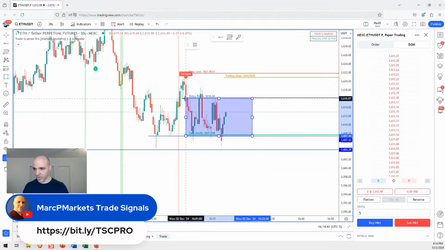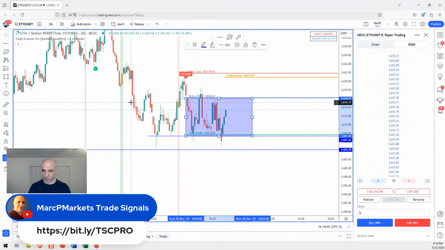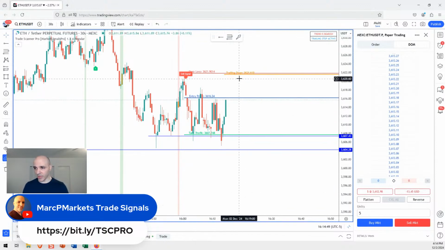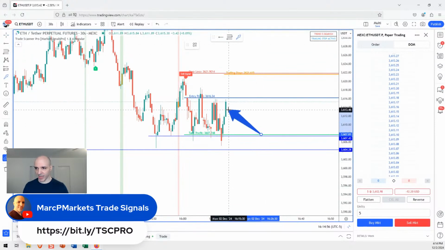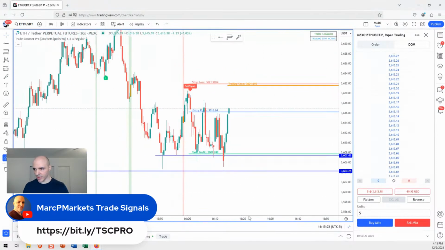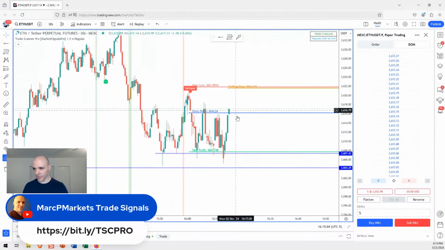Notice, it just keeps jumbling around in here, right? So the trailing stop's not going to move if price is not going to move. In fact, look, the trailing stop got pushed up a bit there. It's because it's moving based on the close of the candle. The candle has to close. So if this candle closes here, the trailing stop doesn't advance, right? So you close there, no advancement from the trailing stop.